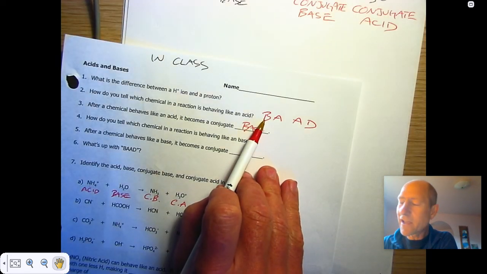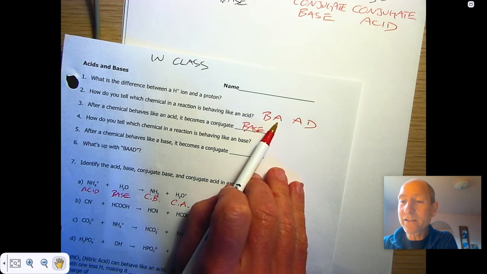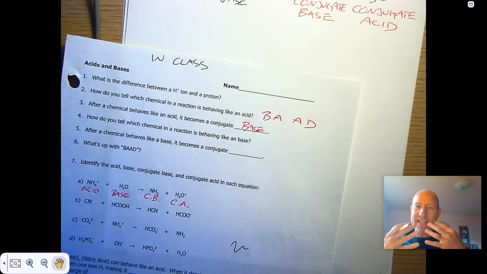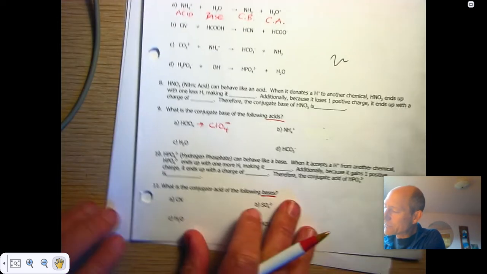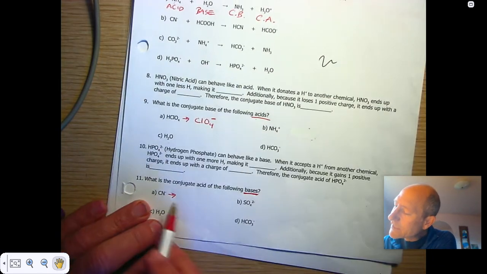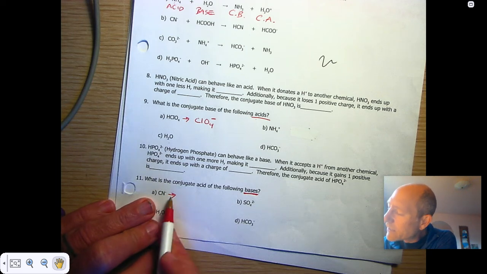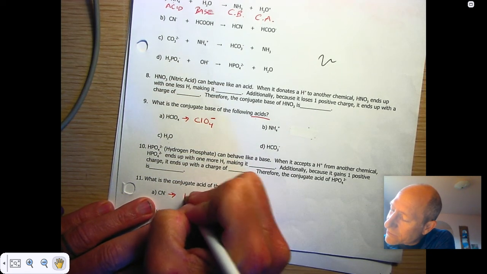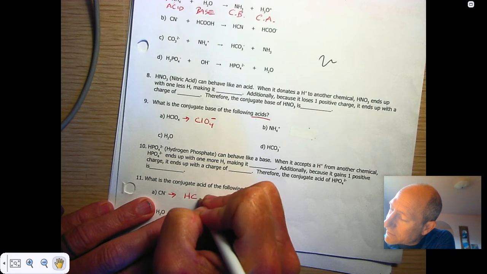Bases accept protons. They accept protons. So if this is a base and it accepts a proton, then it's going to get an H added to it. HCN.